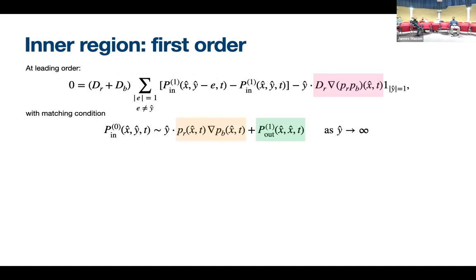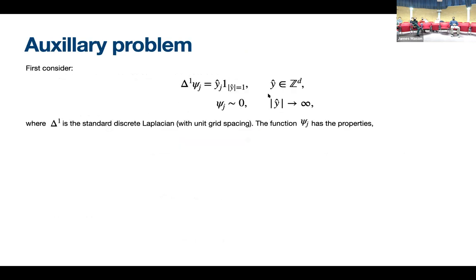So here we have the first order inner problem, and this looks kind of scary. This operator really is acting on y, so it might be easier if we simplify this first. Let's just look at the problem in y. So we've extracted the problem in y. And here, this is a discrete Laplacian.